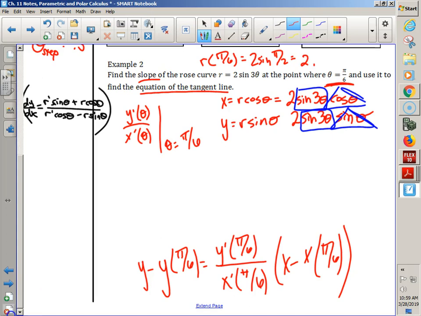I guess you could plug in there, or you could plug in here. I guess that would work. Because pi over 6, I'm assuming, right? Yeah.